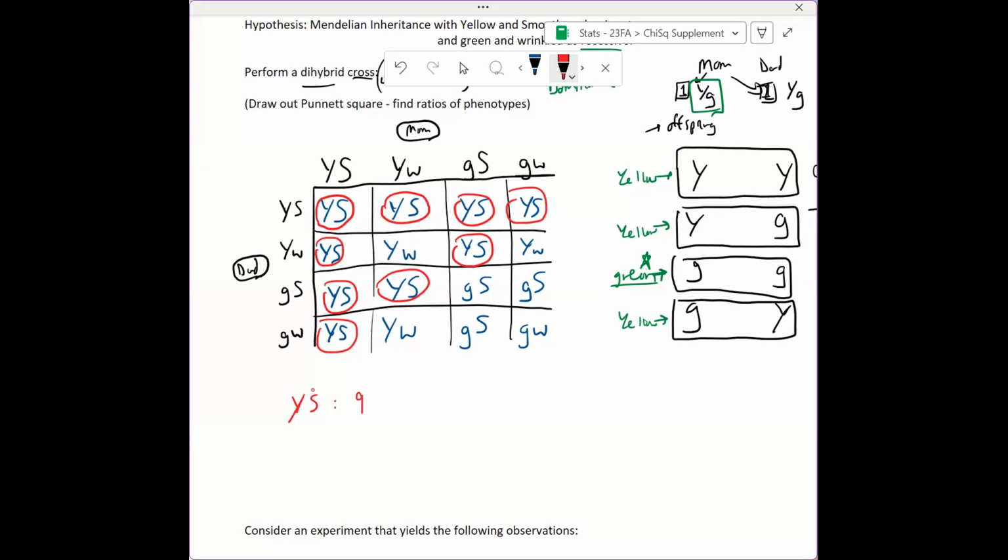I don't have a ton of colors, so I'll go through and just put diamonds around the yellow wrinkleds. I see 3 yellow wrinkleds. I see 3 green smooths. And I see 1 green wrinkled.